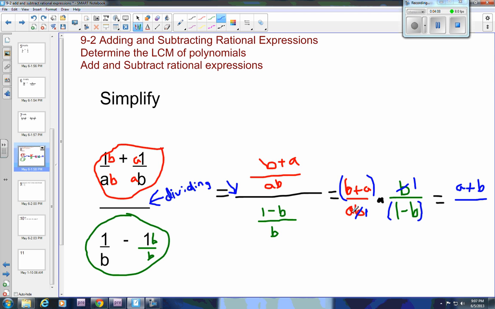A times 1 is A, minus sign, and A times B is AB. And that's as far as you go. It doesn't simplify any further than that. You are done.